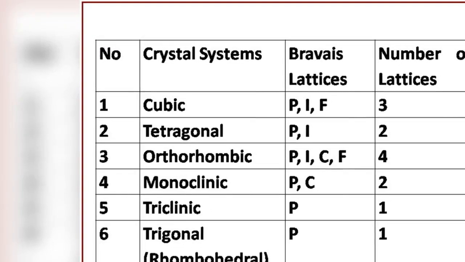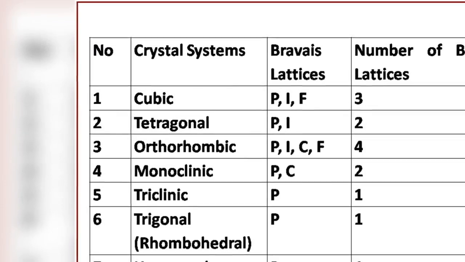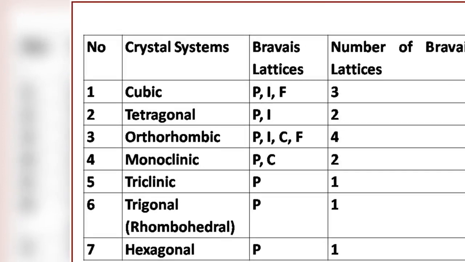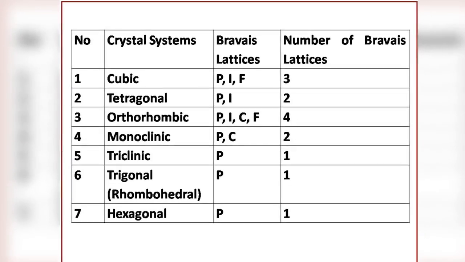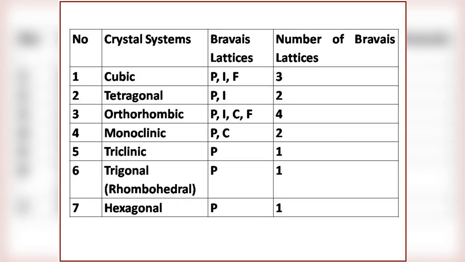This table summarizes how the 14 Bravais lattices are distributed among the 7 basic crystal systems.